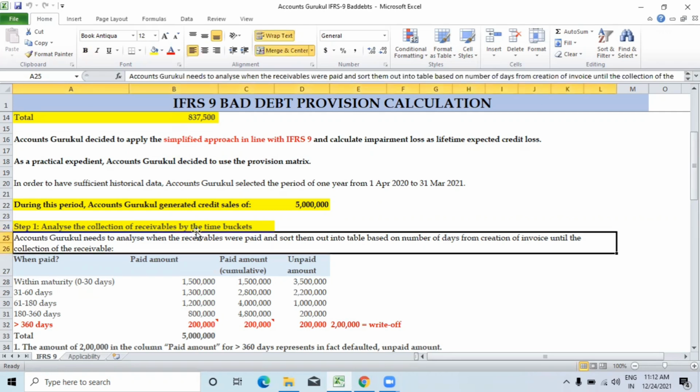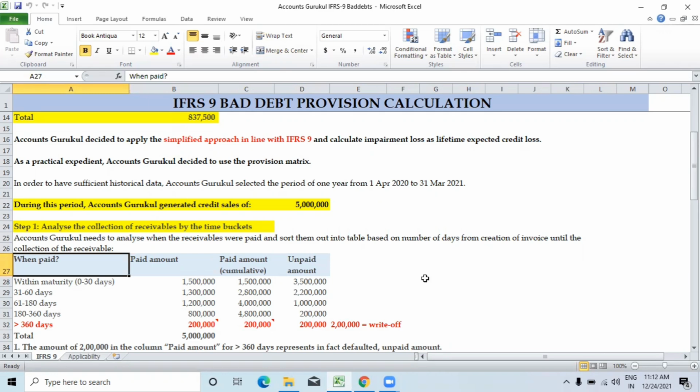Accounts Gurukul needs to analyze when the receivables were paid and sort them into a table based on the number of days from creation of invoices until collection of receivables: paid amount, cumulative, and unpaid amount. Here we are taking examples based on past years.